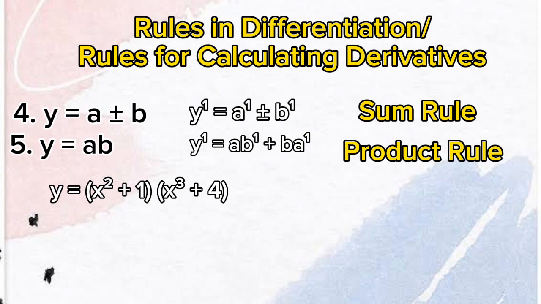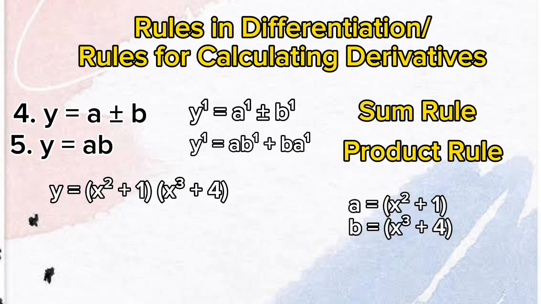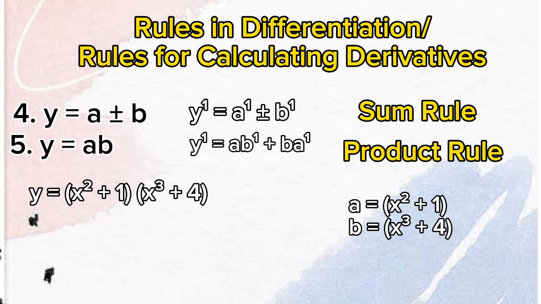First, let's identify the values of our a and b. The value of our a is x squared plus 1, and the value of our b would be x cubed plus 4. Now let's derive it using y prime is equal to ab prime plus ba prime.